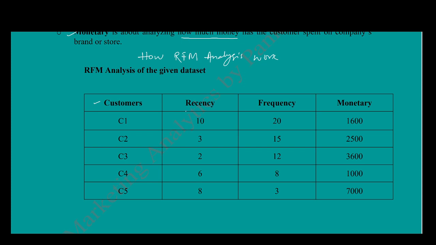And this second column is about recency. Recency is basically calculated in number of days.